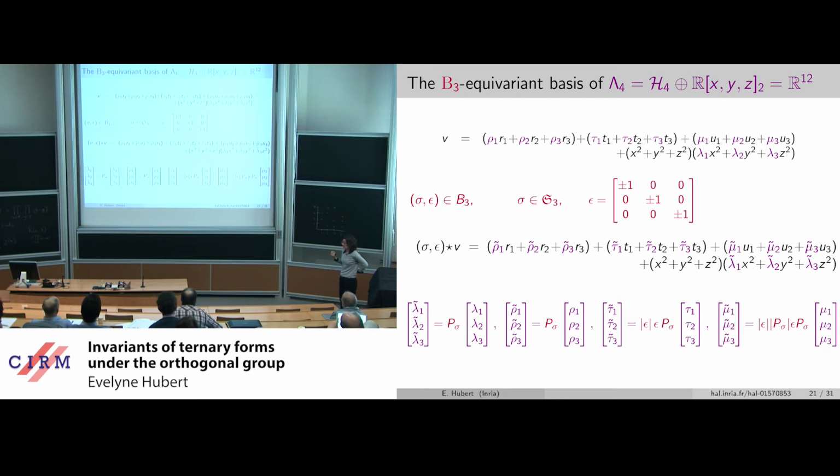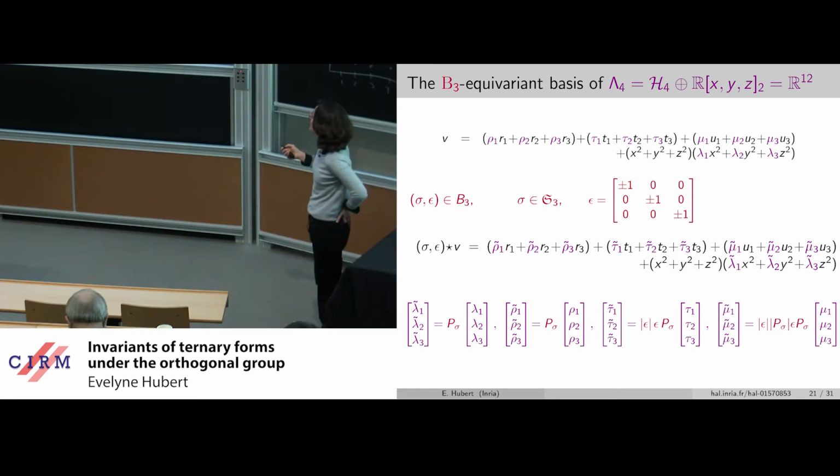So if I have a degree 4 polynomial, I can write it in the basis I just gave. So a degree 4 polynomial on the slice, I have only this quadratic term. Now I have the coefficients rho 1, rho 2, rho 3 for the parts which depend on r, and then the tau and mu.